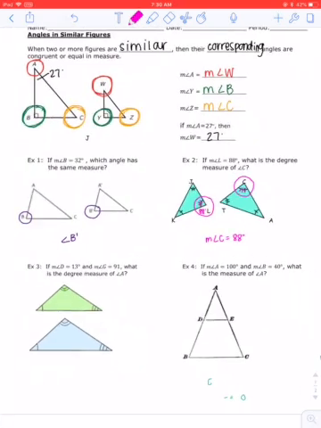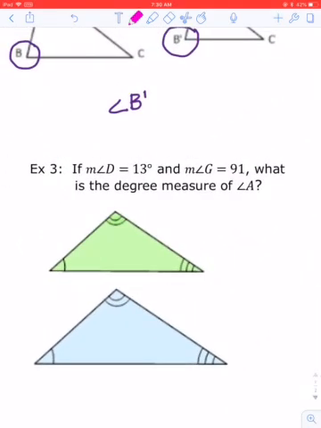Okay, now let's look at example 3. Mine isn't labeled, so let me do that really quickly. I have triangle DGF and CBA. And again, you see these lines in our angles letting us know which ones are corresponding.